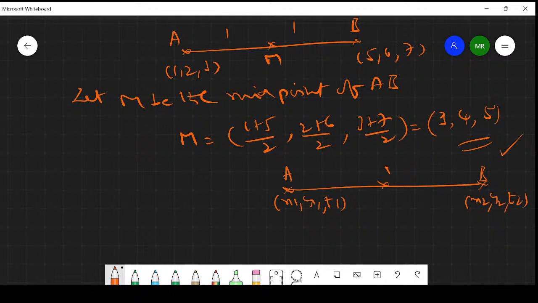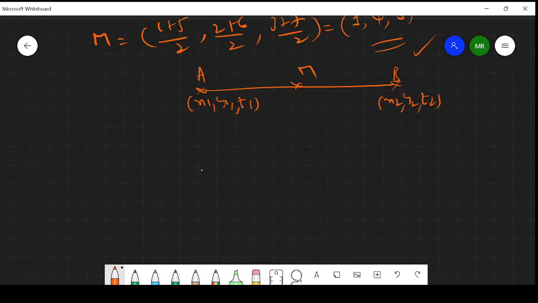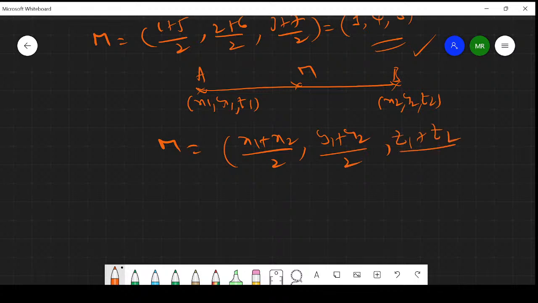This is the midpoint M. So what is the midpoint formula? Because the ratio is the same, 1:1, it is (x1 + x2)/2, (y1 + y2)/2, (z1 + z2)/2. Using this you can find the midpoint, capital M.